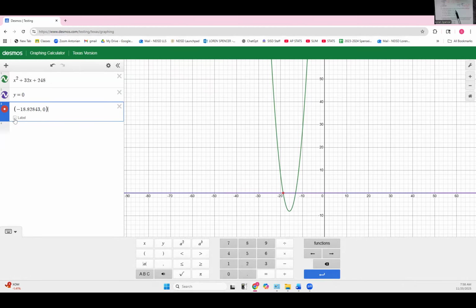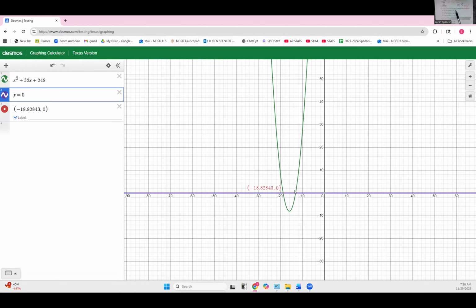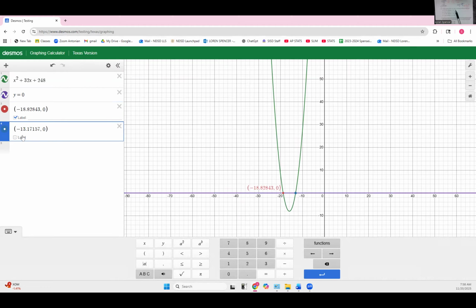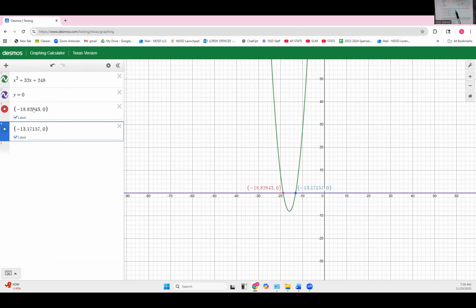Now I'm going to have them label them. Boom. So they're labeled. We got these ugly decimal answers, and that's okay.